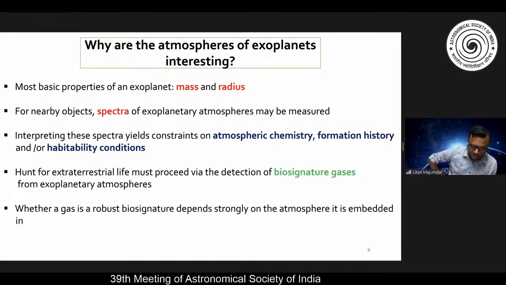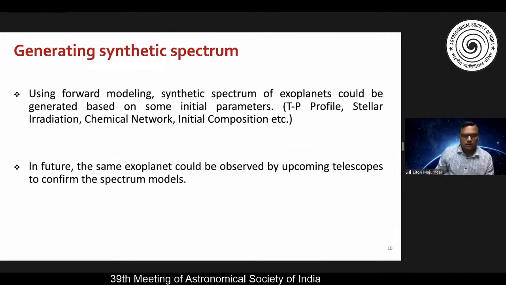So how can we generate this synthetic spectrum? Recently at NICER, we developed forward modeling methods to generate synthetic spectra for exoplanets. This is based on various initial parameters like the temperature pressure profile. In most cases, this temperature pressure profile is generated based on the observed parameters for various exoplanets.